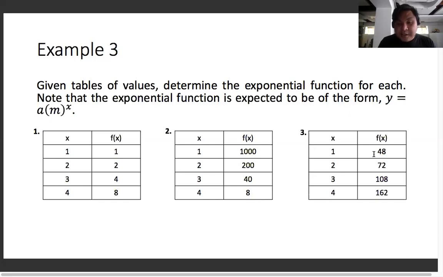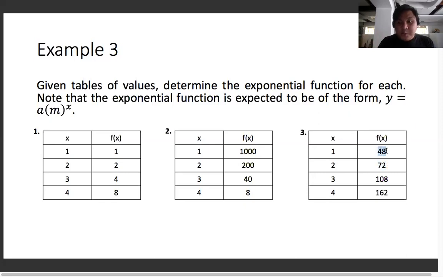On the other hand, 48, 72, 108, 162, exponential growth function. To figure out the multiplier, we have to divide the later term by the previous term.